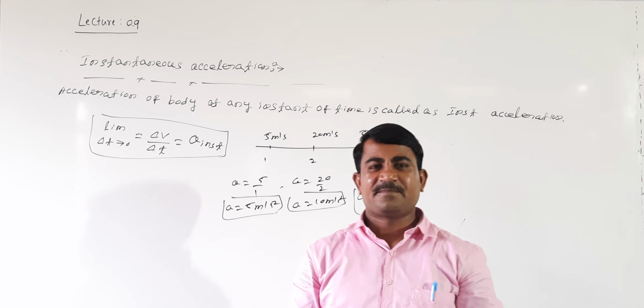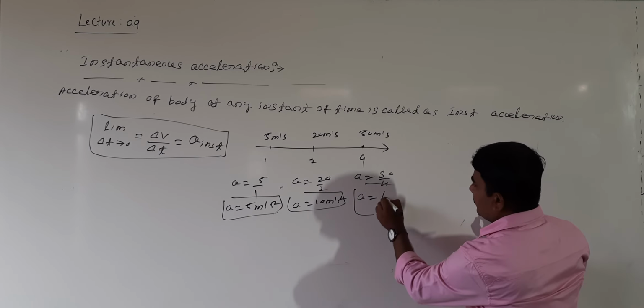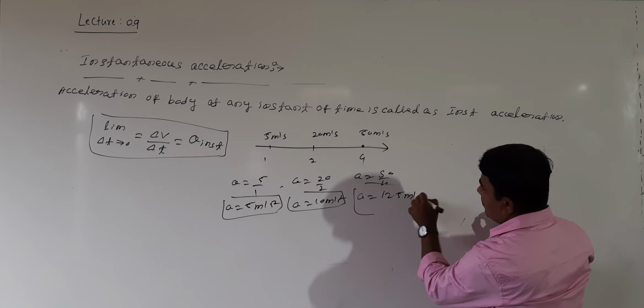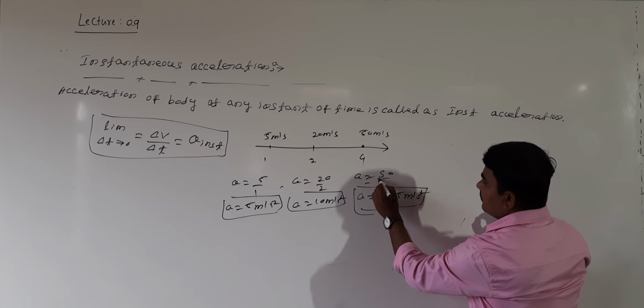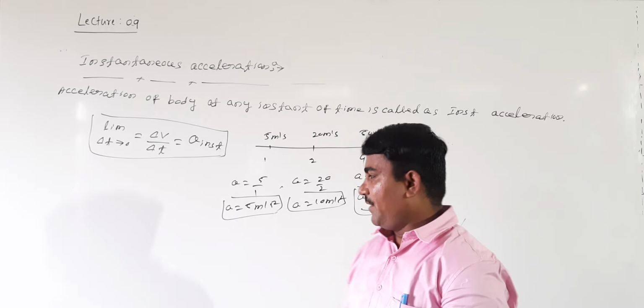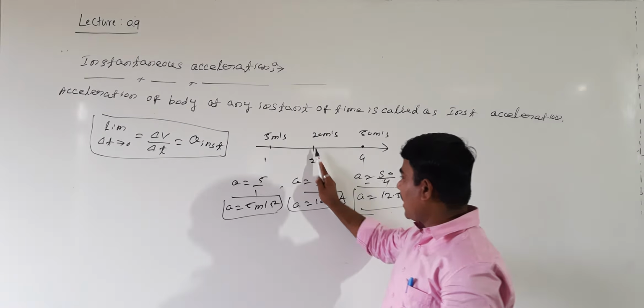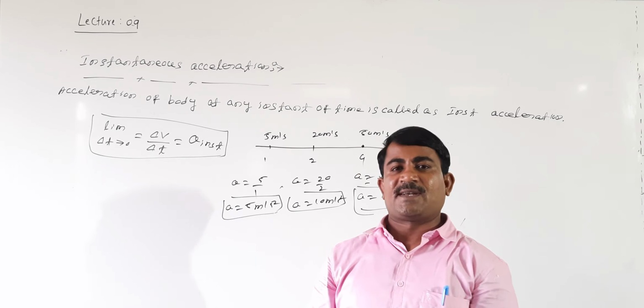Right or wrong? Directly, 50 by 4 is 12.5. You can write 12.5 meter per second square. Instantaneous means the acceleration of the body at any instant of time. This we are calling instantaneous acceleration.